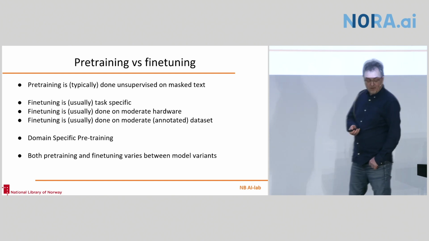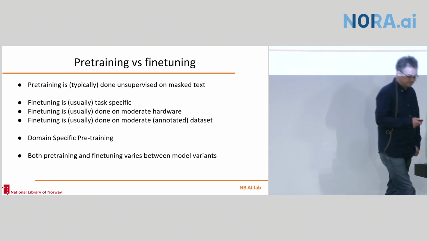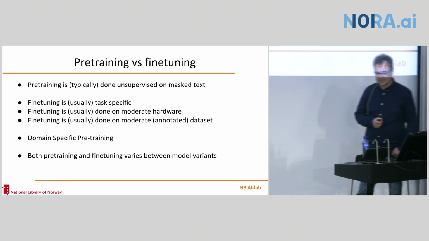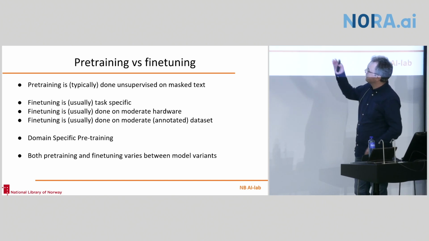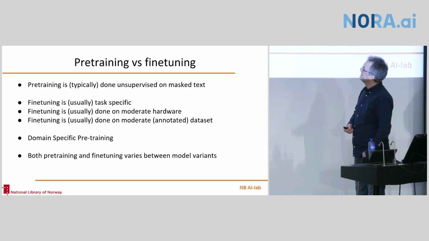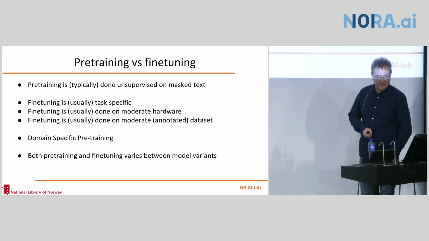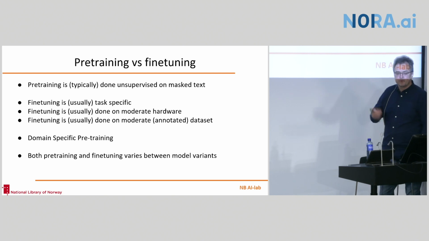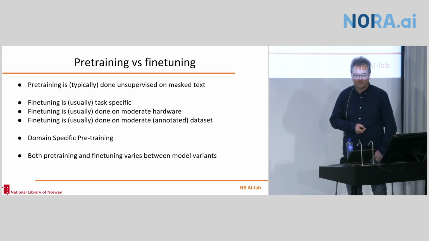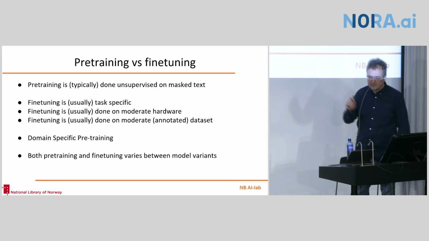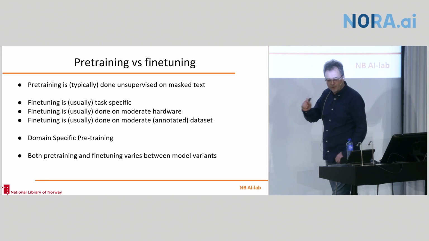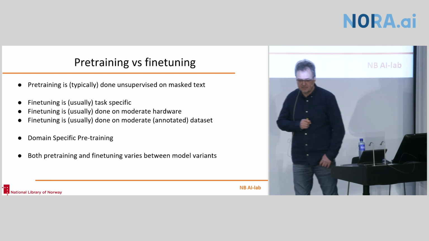Fine-tuning versus pre-training here. They are used a bit overlapping, but in general, we try to think of pre-training as an unsupervised training on masked text. While when we speak about fine-tuning here, we usually talk about something more task-specific.